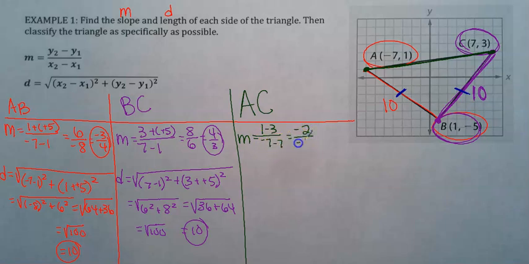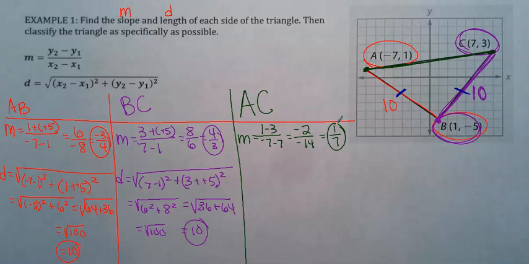Negative 7 minus 7 is negative 14. A negative divided by a negative is a positive. Okay, and this can be reduced to 1/7. So the slope there is 1/7. Nope, not parallel.